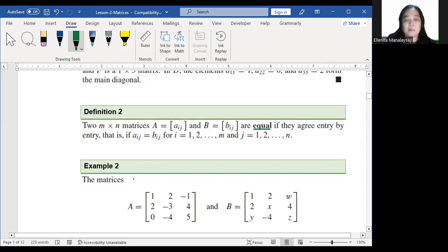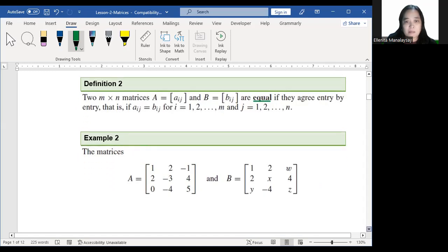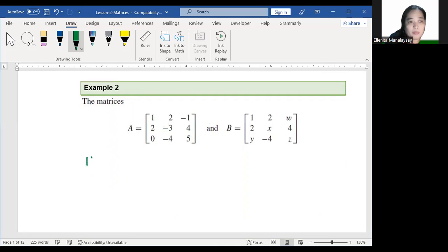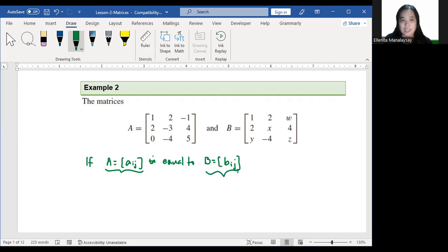Say, for example, here, we're given matrices A and B, and we assume that these two matrices are equal. So matrix A with entries Aij is equal to matrix B with entries Bij. When the notation is like this, it represents a matrix. Or for others, if matrix A is equal to matrix B, then that's fine.